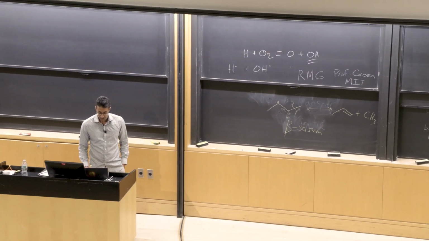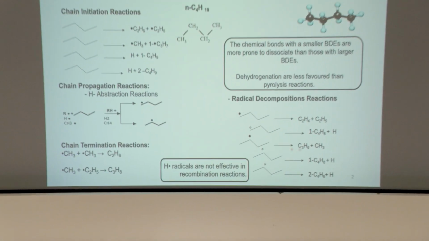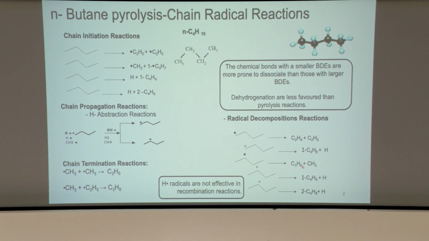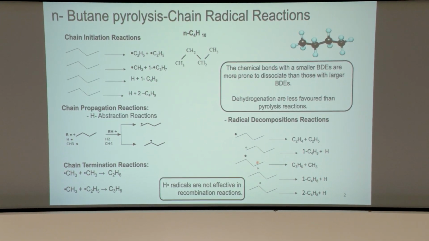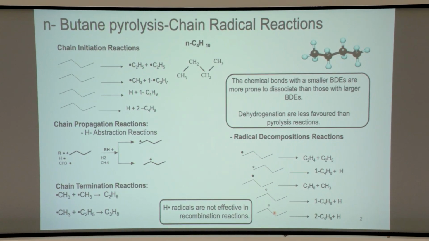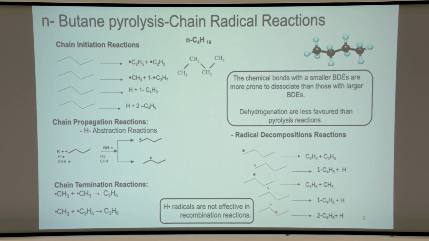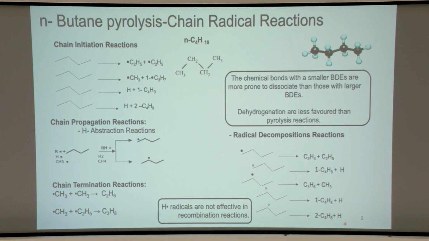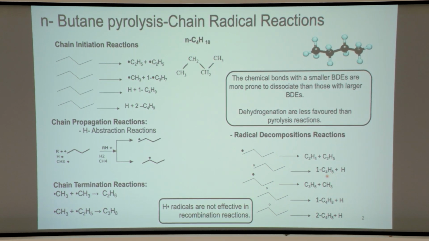But you can also include the hydrogen scission reaction. That's the one that's shown here, and so on. So you have 5 different radical decomposition reactions that are possible. Again, you write all these out. Now you're forming olefins or alkenes, butene, propene. You need more reactions to deal with those.